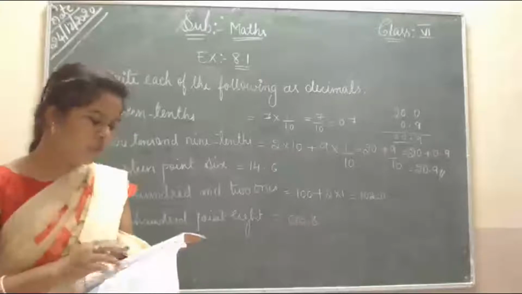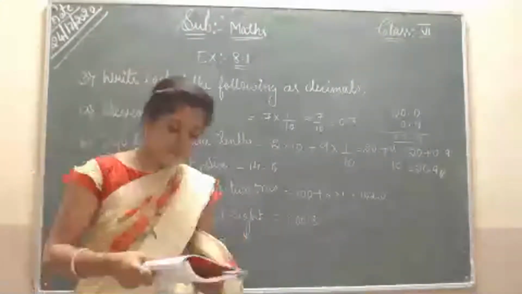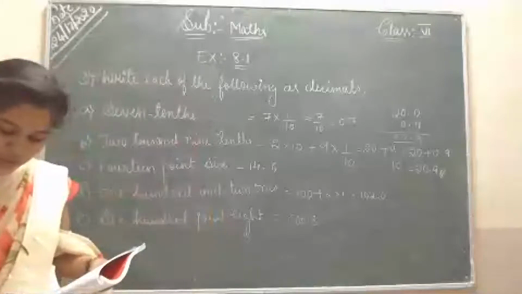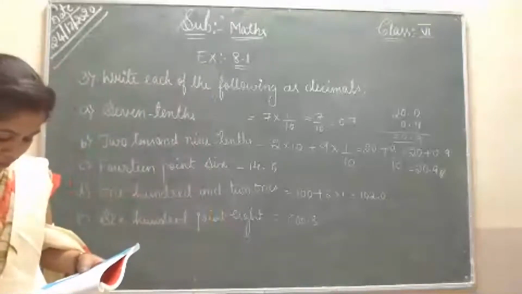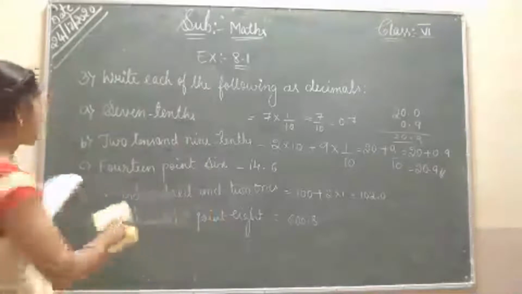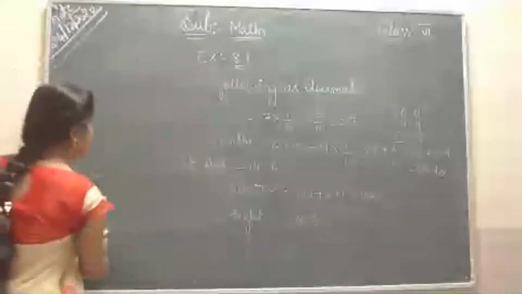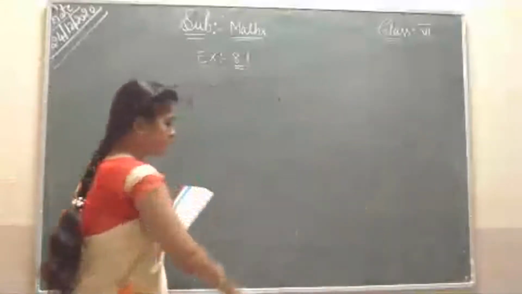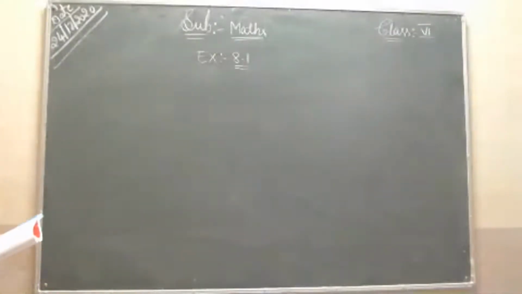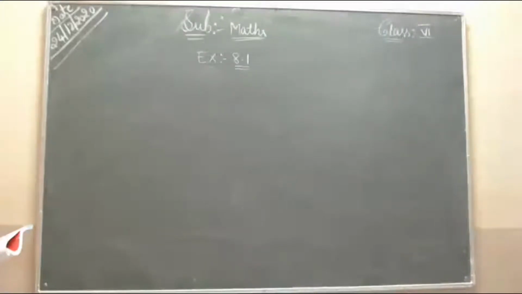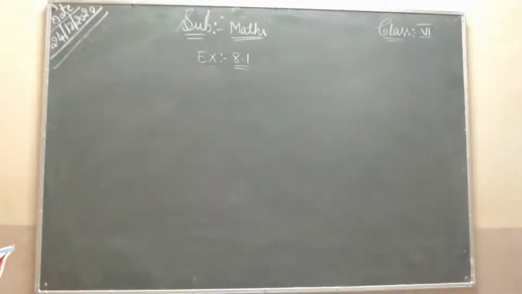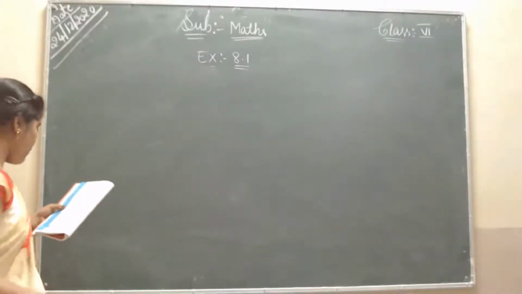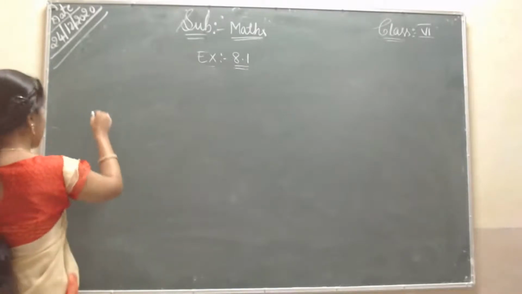Fraction, reduce fraction to lowest form. So fifth one. Here, fifth one, write the following decimal as fraction.